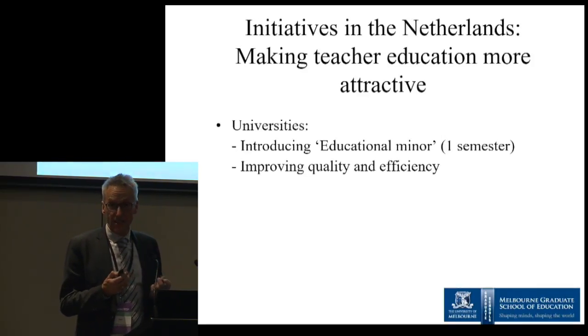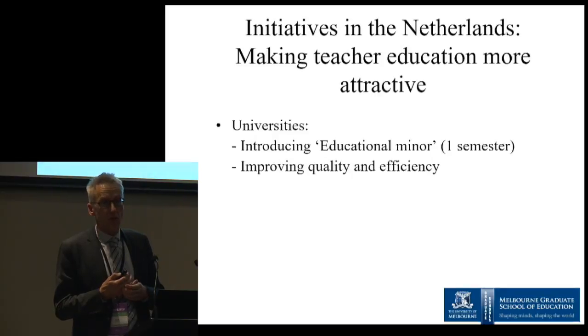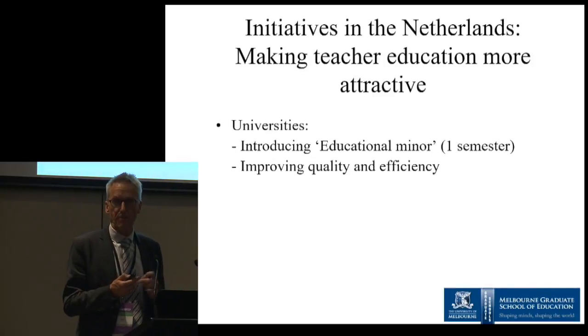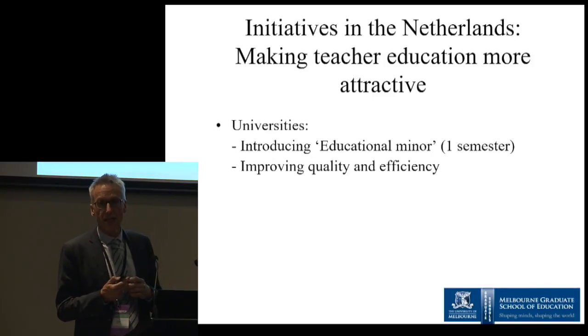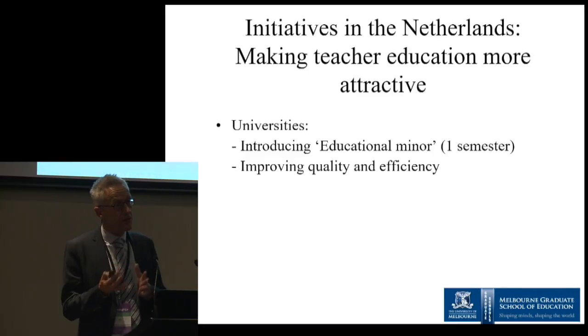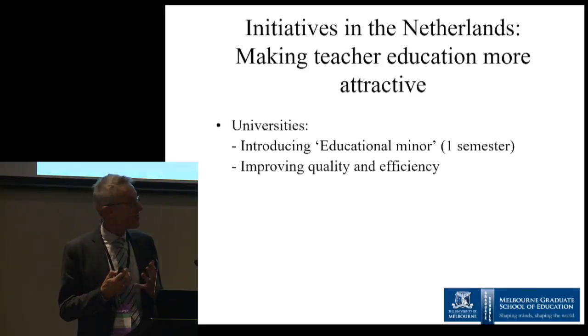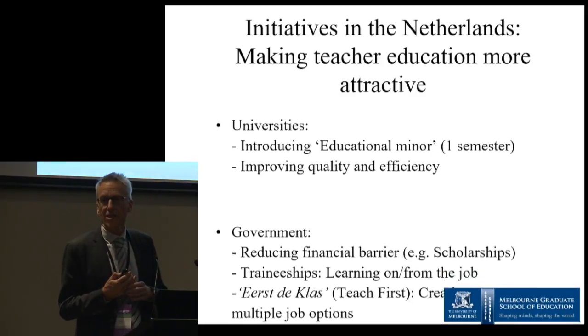For instance, an educational minor was introduced as an elective or breadth subject for science and math students, taking one semester including a school placement, which even when they finish their bachelor earns them a qualification to teach in lower secondary education. All sorts of measures have been taken to increase the quality and efficiency of teacher education.